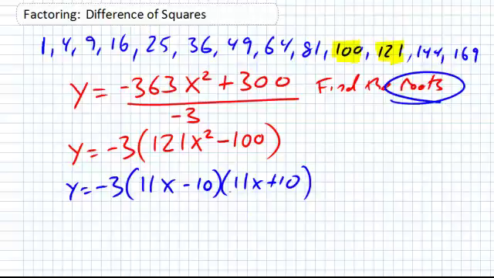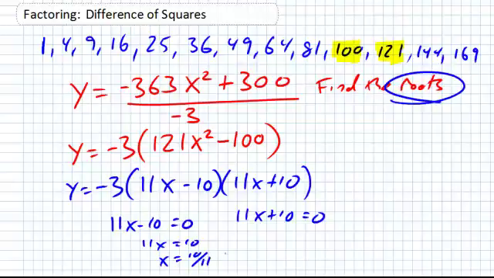So 11x minus 10 equals 0, and 11x plus 10 equals 0. Add 10, so 11x equals 10, divided by 11, x equals 10 elevenths. And this one, x equals negative 10 elevenths.